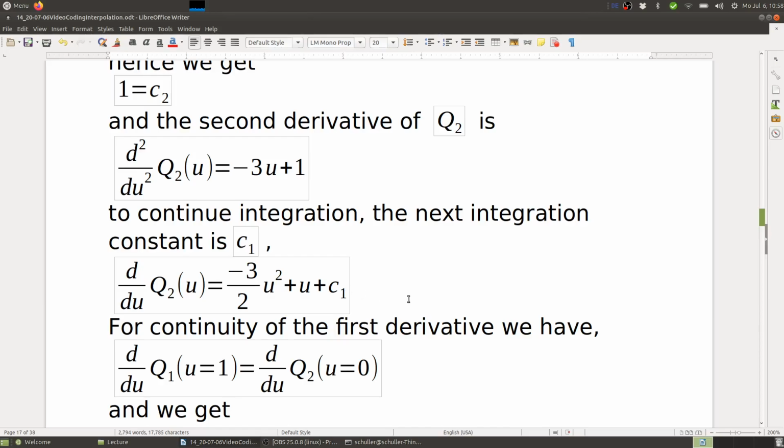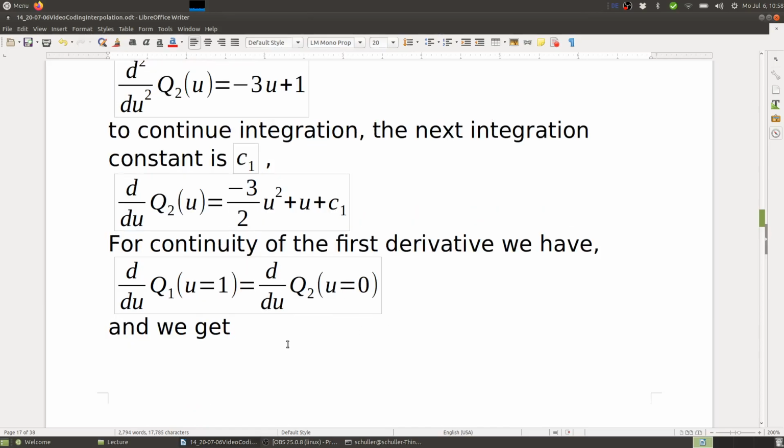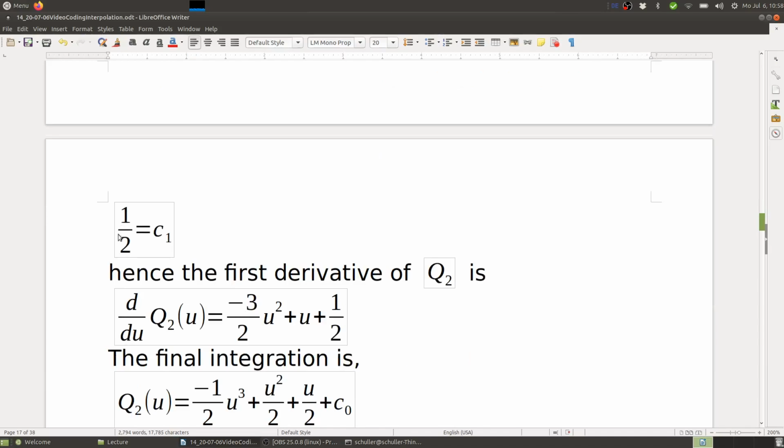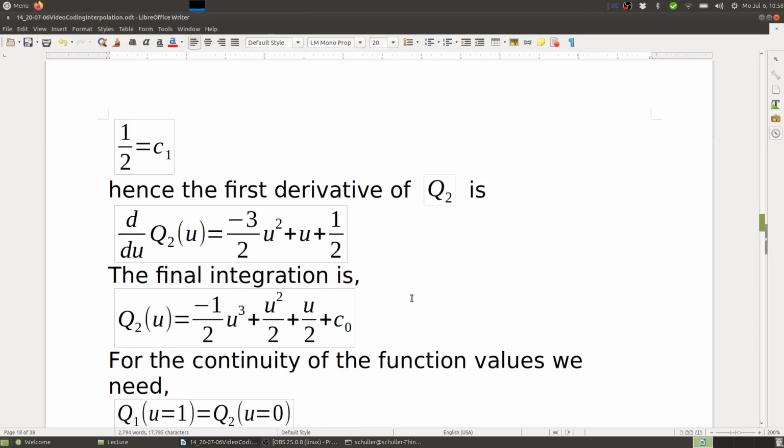So again, comparing the values of the first derivative on both sides of our boundary gives us 1/2 is C1, right? 1/2 was the value on the first interval, C1 is the value on the second interval if we set u equal to 0. And that means we already have the first derivative of Q2, which is this, right? We have this polynomial for the first derivative.